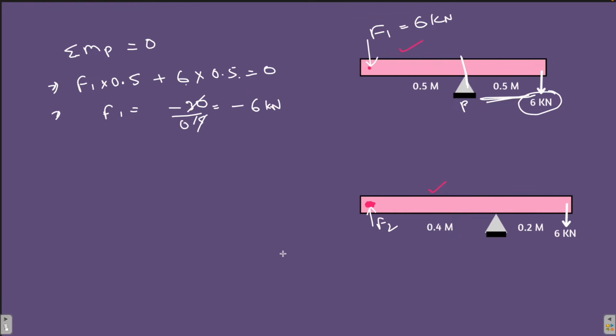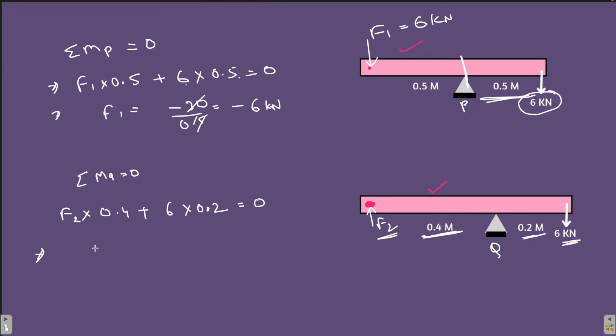Now let's find out the force F2. This is force F2. Let this point be point Q. Again we are going to do the same thing. Summation of moment about point Q is 0. So you can write F2 into 0.4 meter plus 6 into 0.2 meters must be equal to 0.